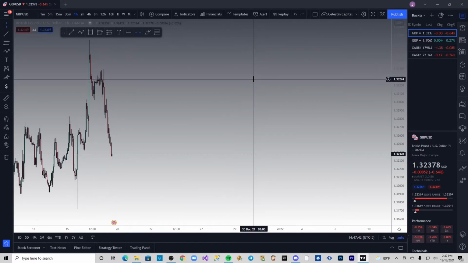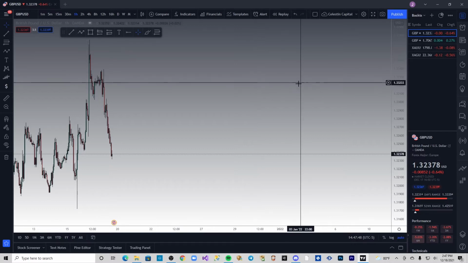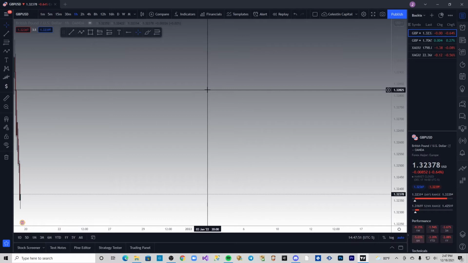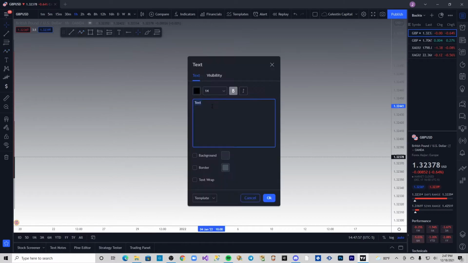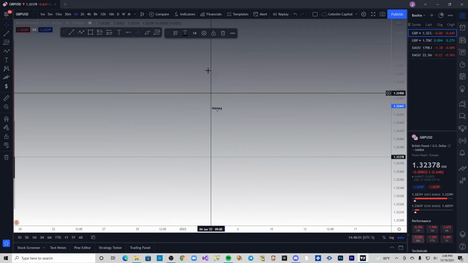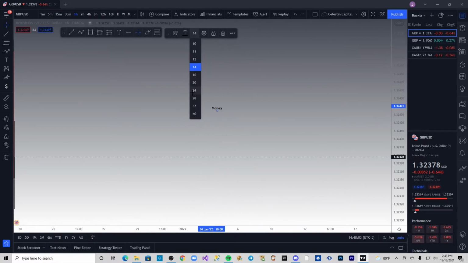I first want to ask the question: what do you guys think moves the market? Take a second to think about that. If your answer was money, then you are correct. Money is what moves the market, let's be honest.